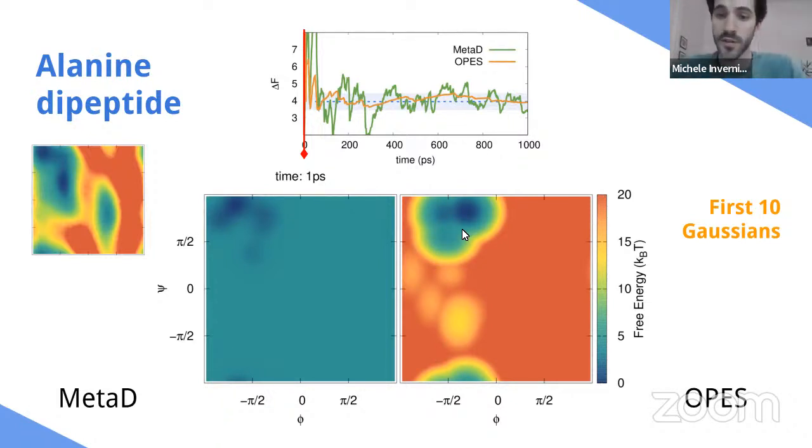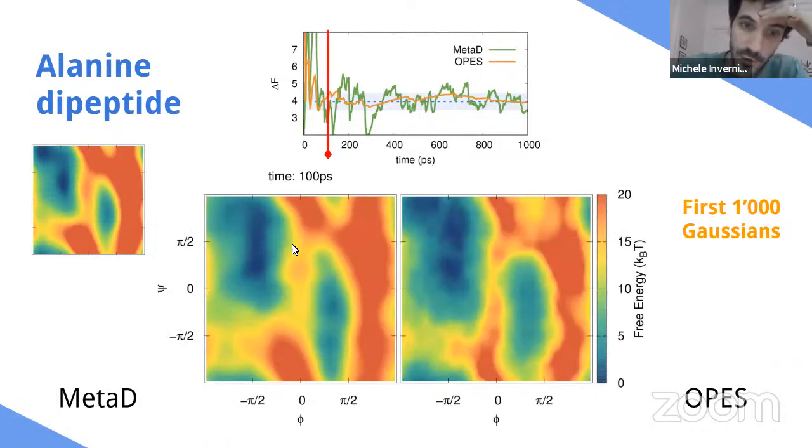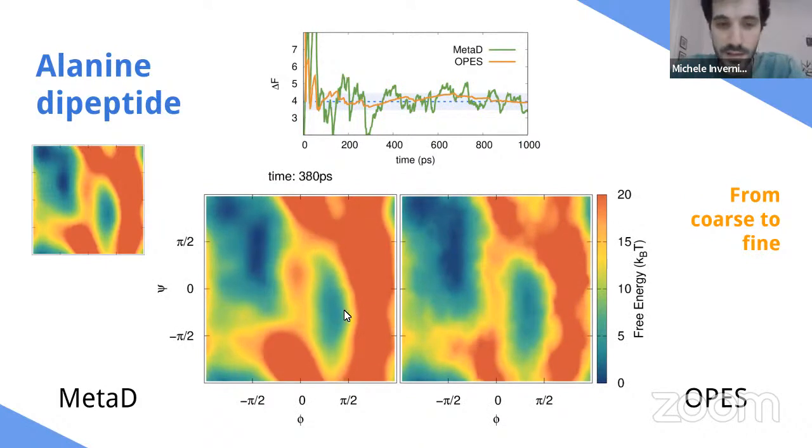It starts from a very coarse representation, and already at 100 Gaussians, it already has the main features of the final free energy, and also the value of the free energy difference between the 2 basins, which is the hard quantity that one needs to calculate. It's already kind of in the range and won't change much throughout the rest of the simulation. Then when we go ahead, OPES just focuses on fixing the details, whereas metadynamics, again, has this kind of oscillatory behavior more.